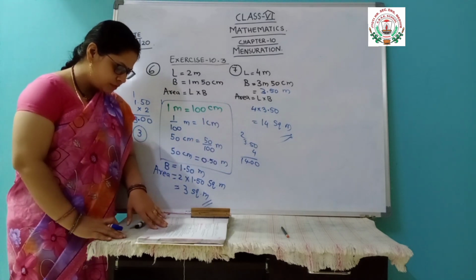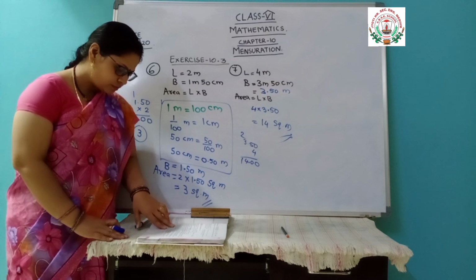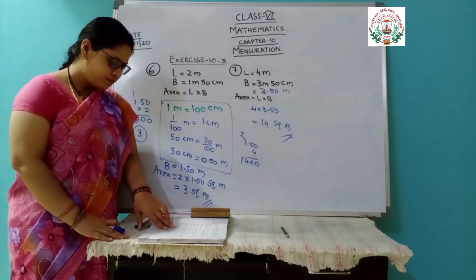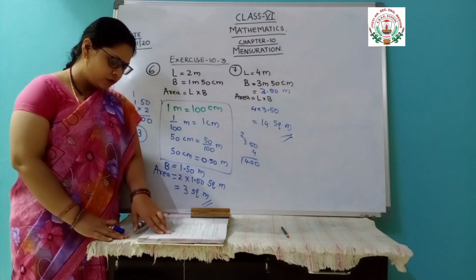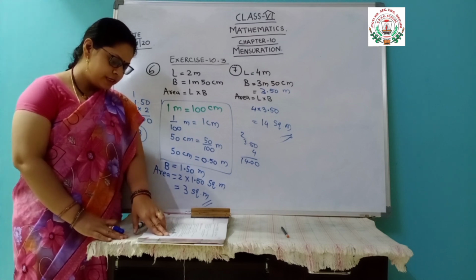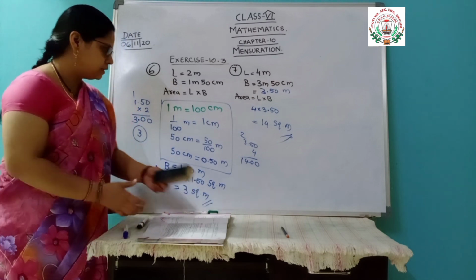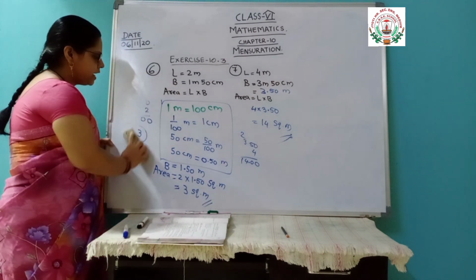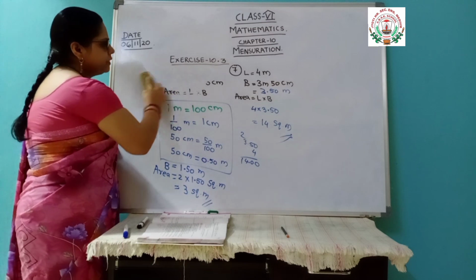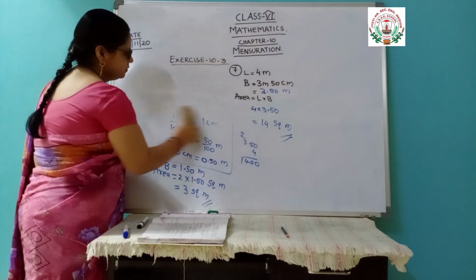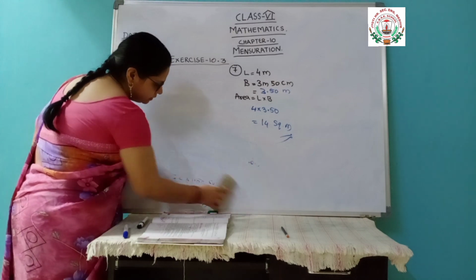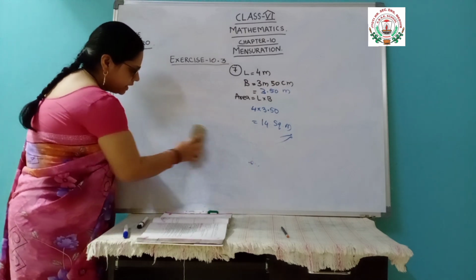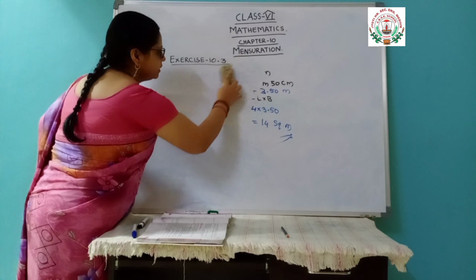Come to question number 8. A floor of 5 meter long and 4 meter wide. A square carpet of side 4 meter is laid. Yes, this little bit you have to understand first, then only you will be able to solve. First I will draw a figure, then I will explain and then we will solve that.